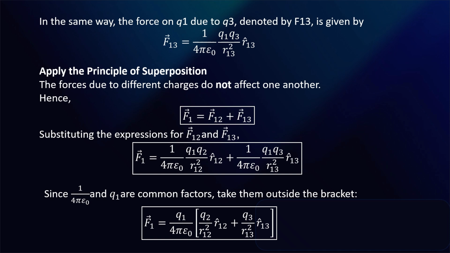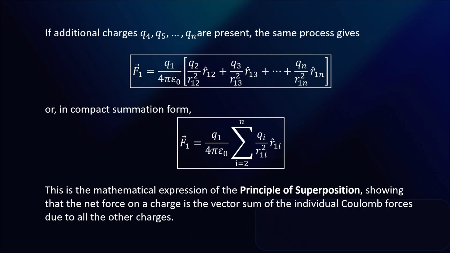If additional charges Q4, Q5 up to Qn are present, the same process gives F1 vector is equal to Q1 divided by 4 pi epsilon naught into Q2 divided by R12 square into R12 cap plus Q3 divided by R13 square into R13 cap plus up to Qn divided by R1n square into R1n cap. Or we can write in summation form also.